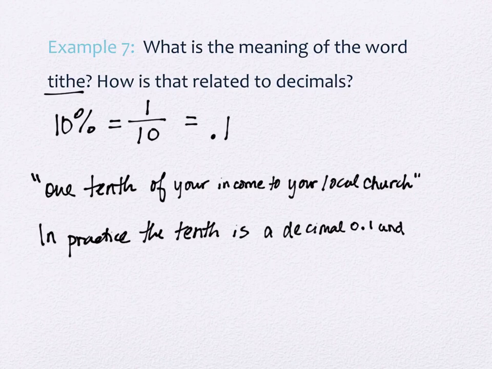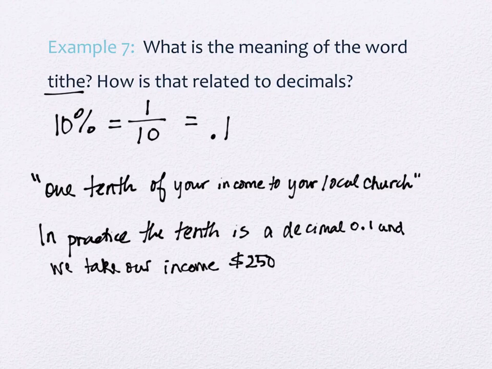And what we do is we take our income. So let's say you get a paycheck and it's for $250. Okay, your income's $250, and we take $250 times 0.1. That's what it really is.